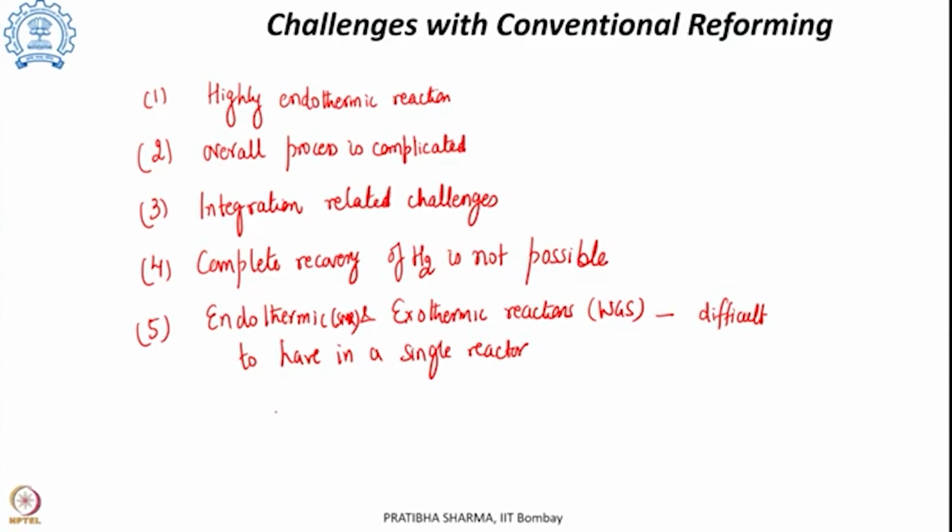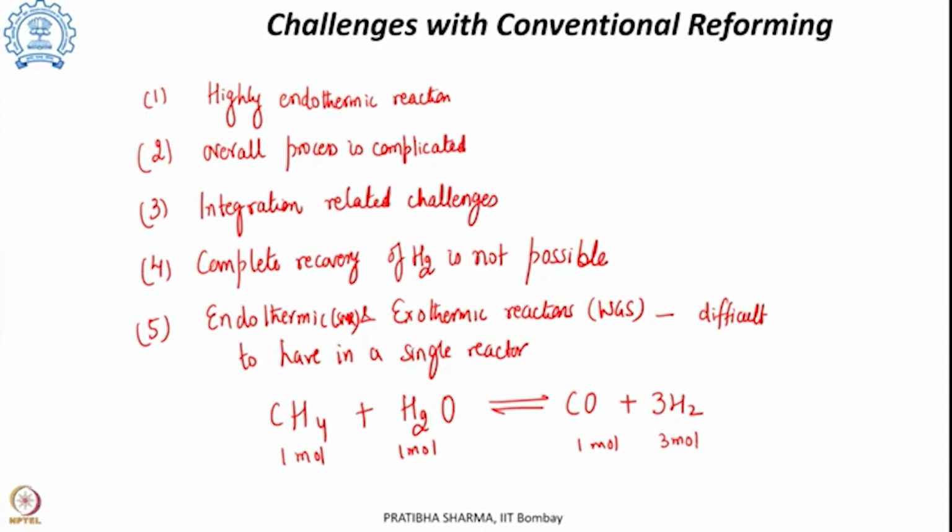Now, we have seen that when methane reacts with steam to form syngas, 1 mole reacts with 1 mole to give a product which is 4 moles. Overall, there is a volume expansion.